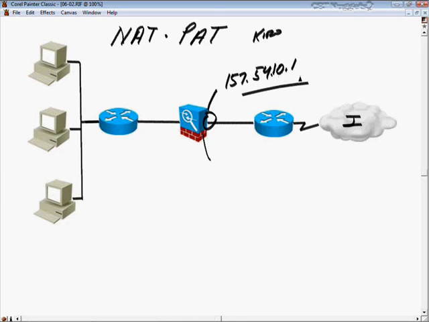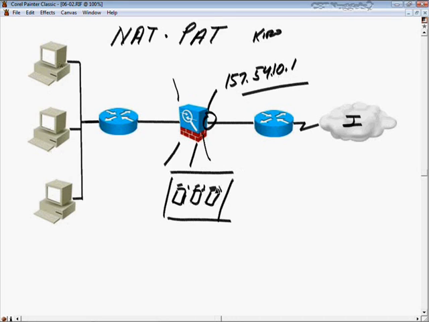Now, remember what's happening is we've got users on the inside of our organization here, and we have a demilitarized zone over here, which is a special area for servers: web servers, e-commerce servers, the servers that the public access.